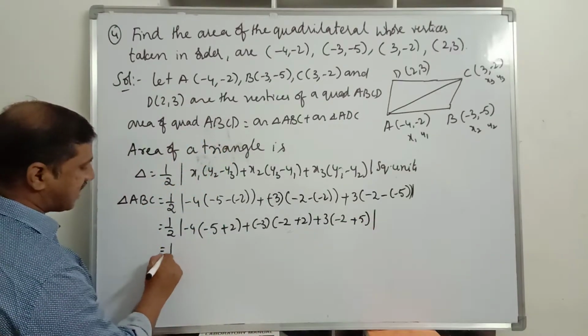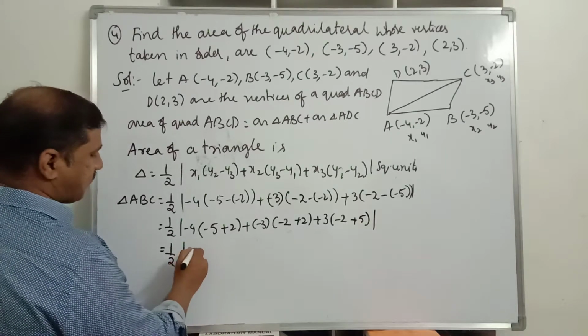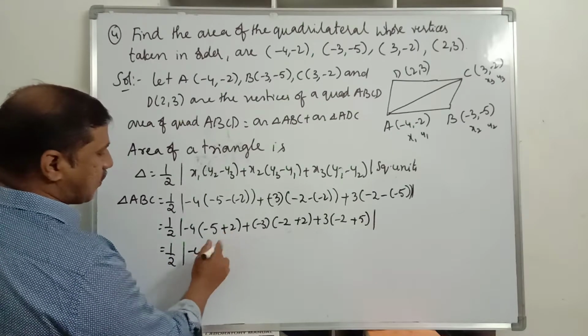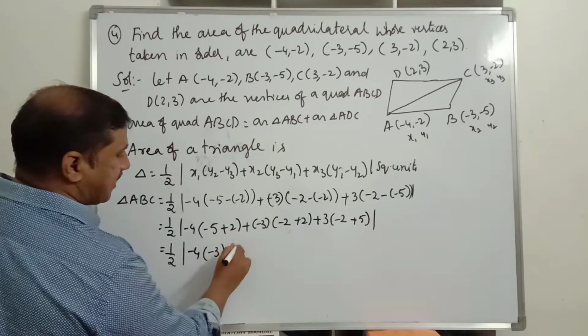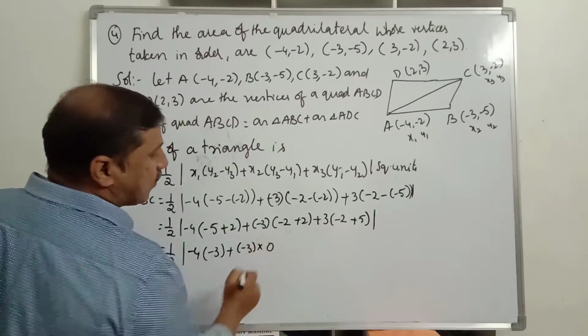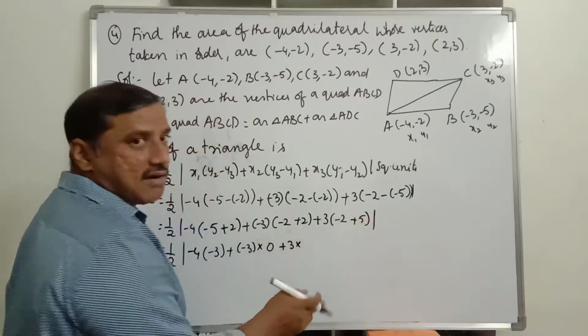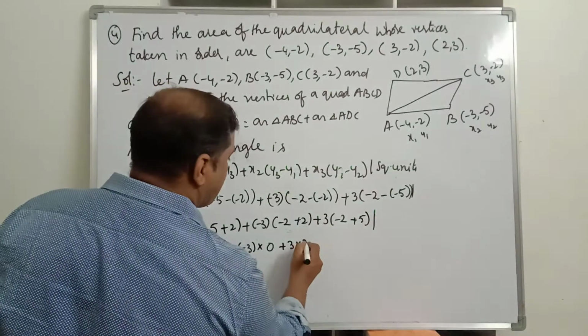Still you simplify this. 1 by 2 into modulus of minus 4 into (minus 5 plus 2, it is minus 3), plus minus 3 into (minus 2 plus 2, it is 0), plus 3 into (minus 2 plus 5, it is 3).